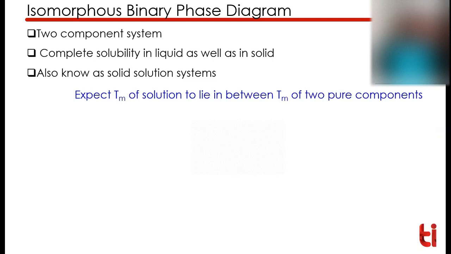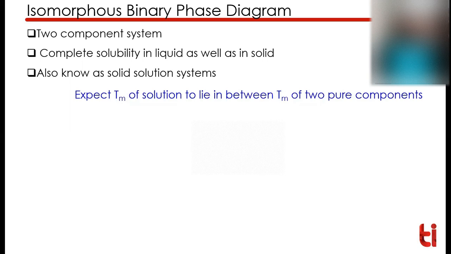The alloy systems which follow Hume-Rothery rules completely basically form solid solutions, and in the full periodic table we have, I think, about three solid solutions. One is copper nickel, one is silver gold, one is germanium and silicon.